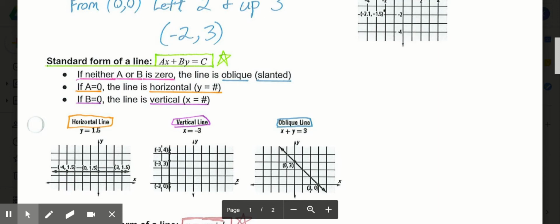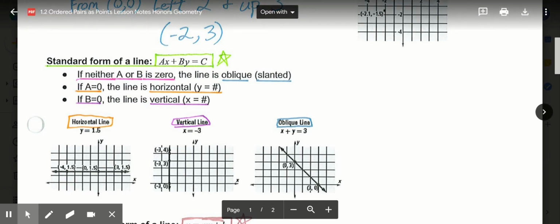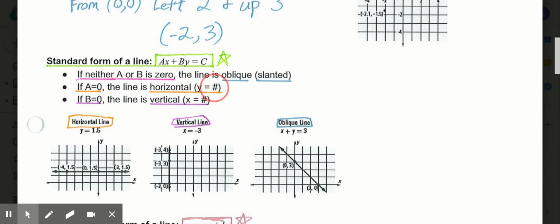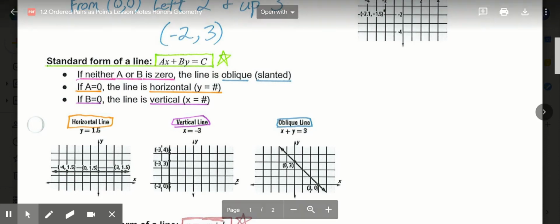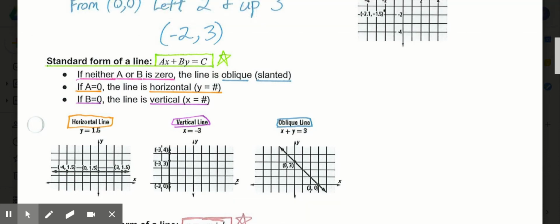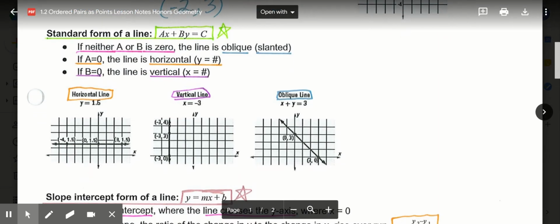Then in our next piece, if a equals 0, the line is horizontal, meaning y equals a number. So if a equals 0, the line is horizontal, y equals a number. So being a horizontal line, that would be our example here. If we had something like y equals 1.5, we would have a horizontal line where all of our y values were at 1.5.